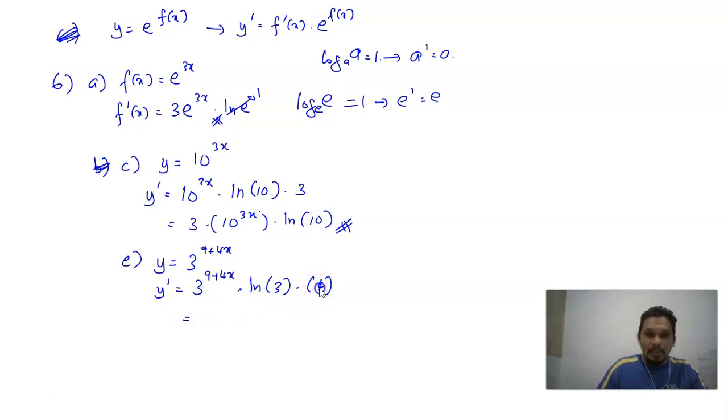Okay, this 4 we cannot simply multiply with this 3 because this 3 has the index of 9 plus 4x and the bases are not equal. So the best thing we can do here now is write down 4 again, put it in brackets, multiply with 3 to the power of 9 plus 4x and multiply with natural log of 3.